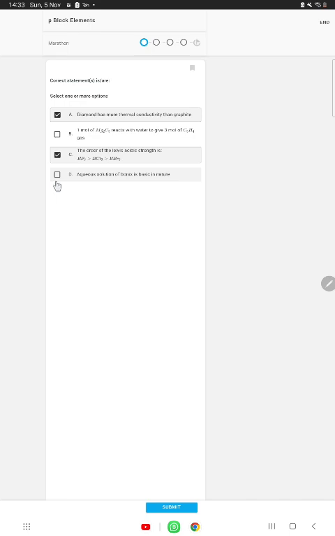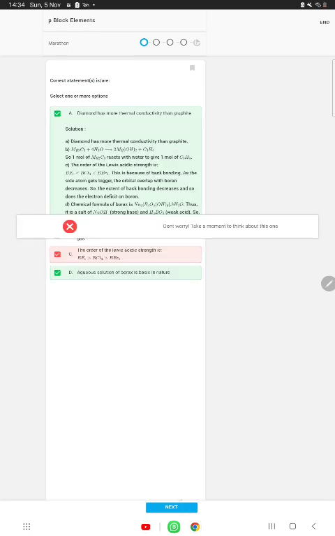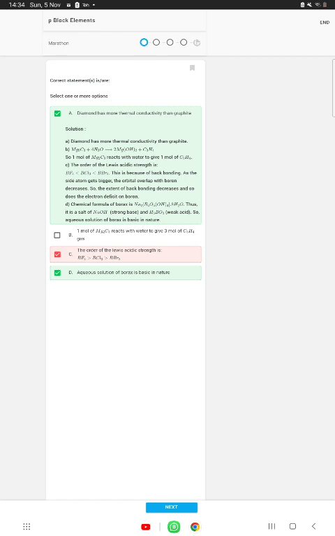Aqueous solution of borax is basic in nature. Aqueous solution of borax basic nature कैसे हो सकता है? 1 mole of Mg3 react with 3 mole of aqueous solution of borax is a basic nature.